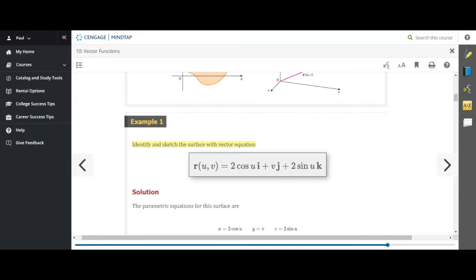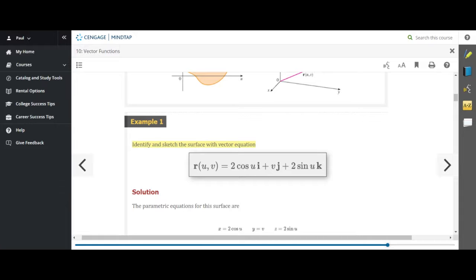Do they act independently of the y component? What do you think? That's right, Marina. They act independently.